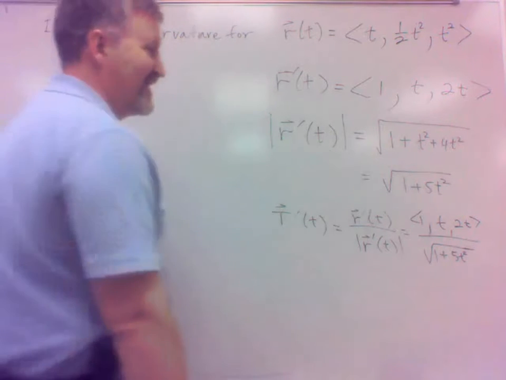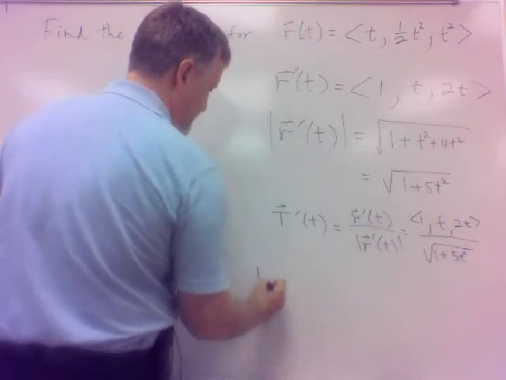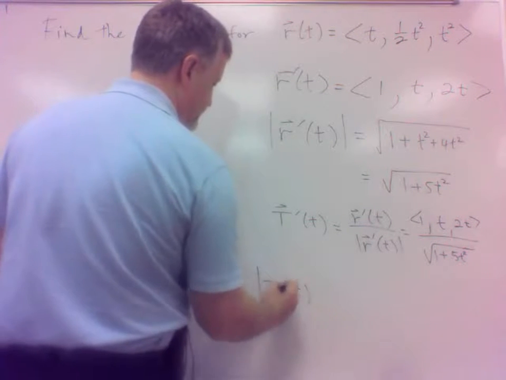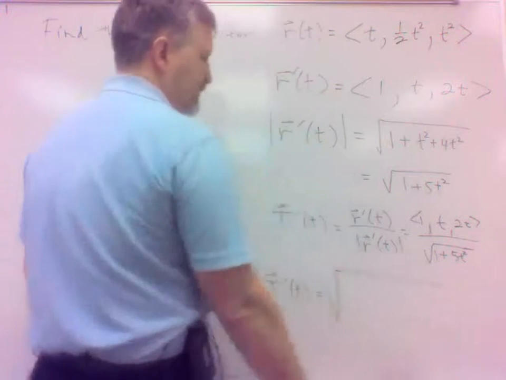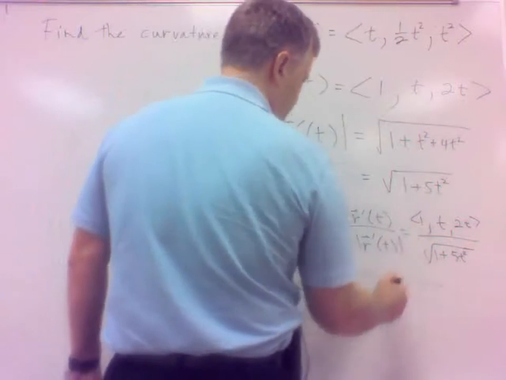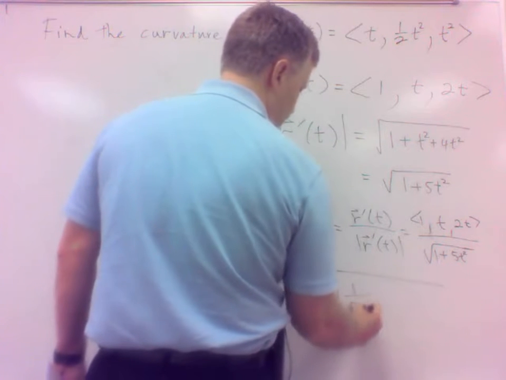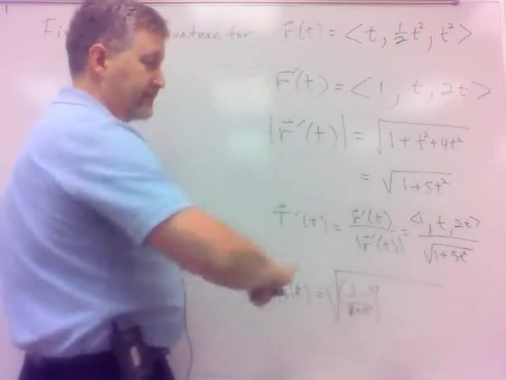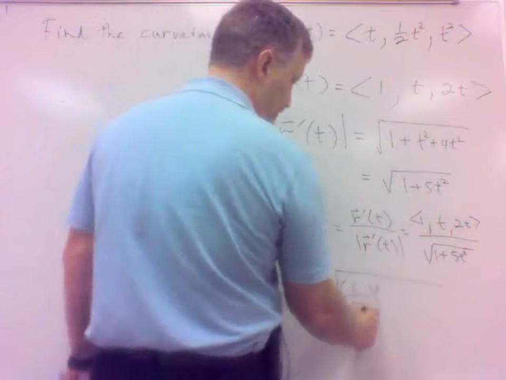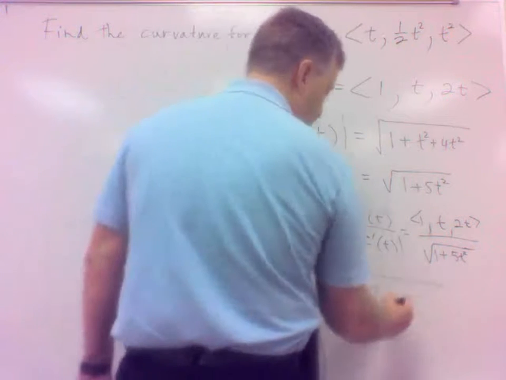Not a whole lot of simplifying going to happen there, is it? The magnitude of that then would be that divided by that squared. Which looks bad, but it works out pretty nicely because you're going to square that and then do the square root. So I'll show you what happens.